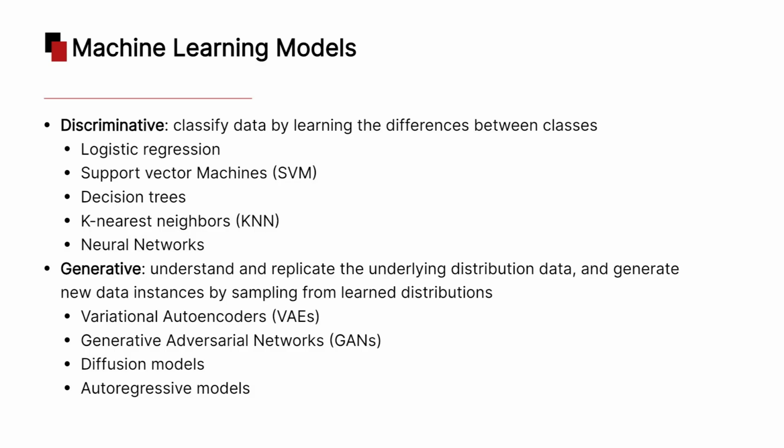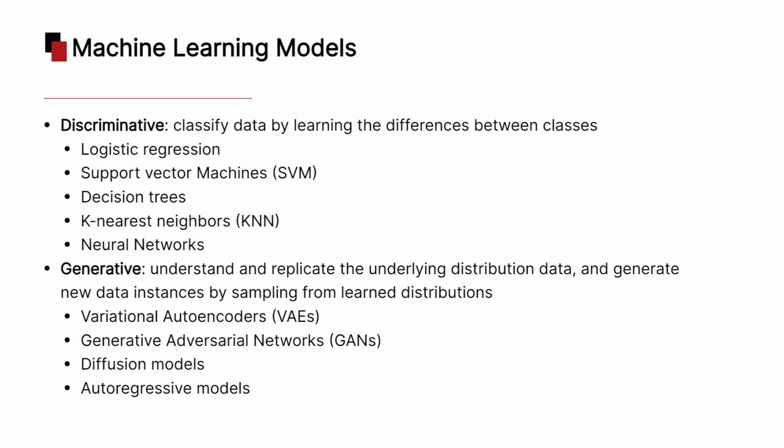Simple but computationally expensive for large datasets. Neural networks, layers of interconnected nodes that can capture complex, nonlinear relationships, can be scaled from small models to deep learning architectures. Key idea: discriminative models answer the question, given this data point, which class does it belong to?